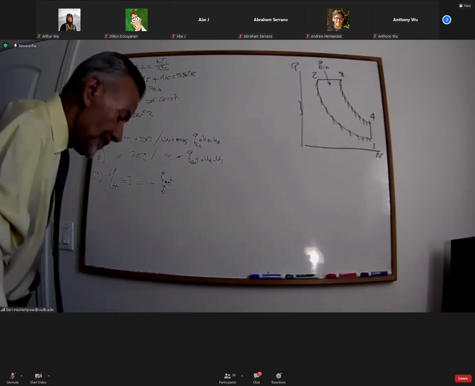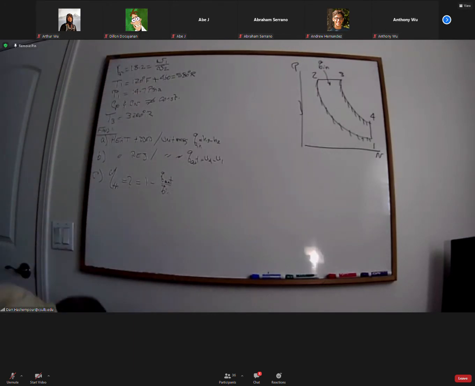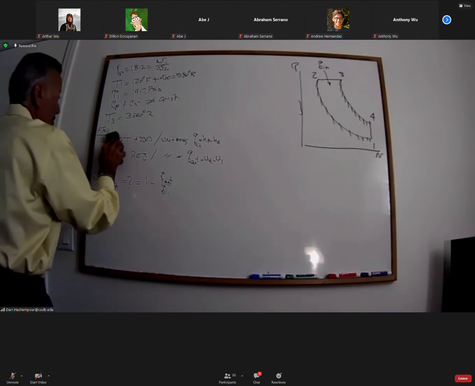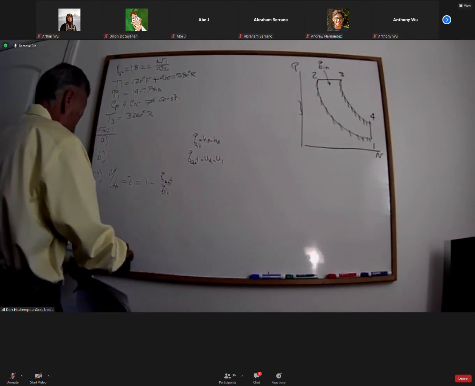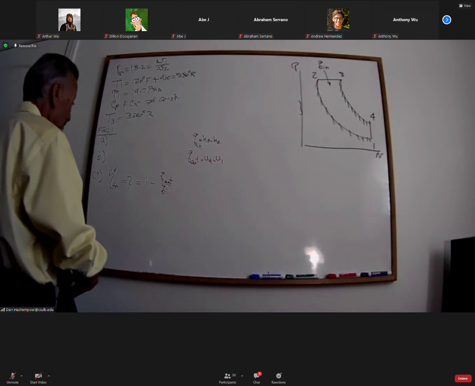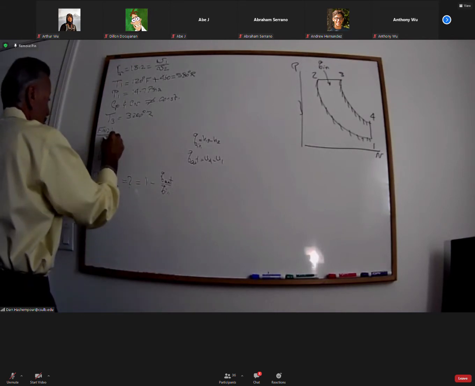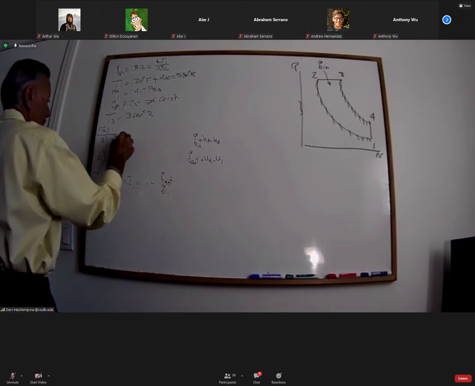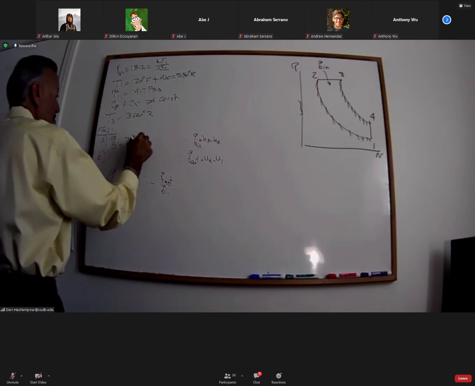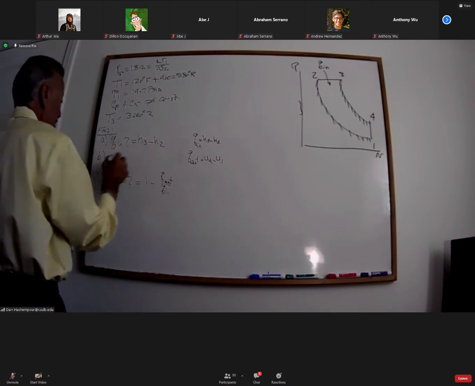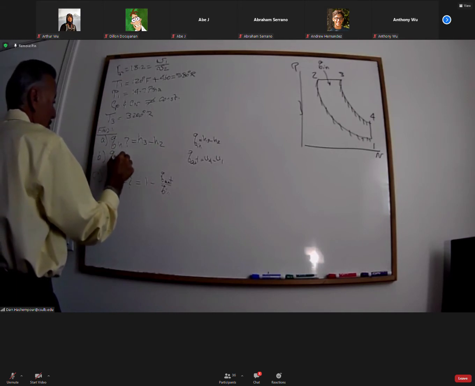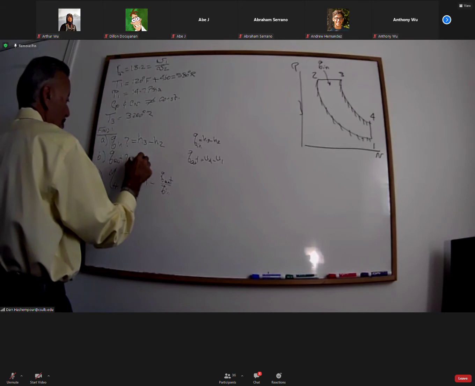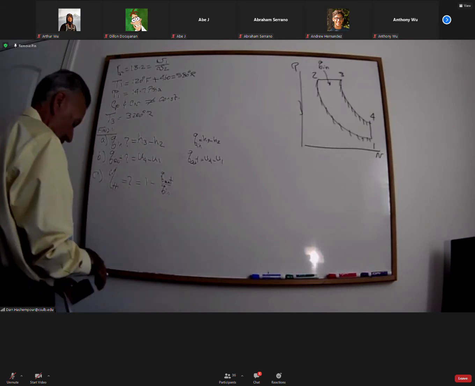Because I don't have too much space, I'm just going to take this out, and I'm going to rewrite. I need to find the q in, which is equal to H3 minus H2. I also have to find q out, which is equal to U4 minus U1.